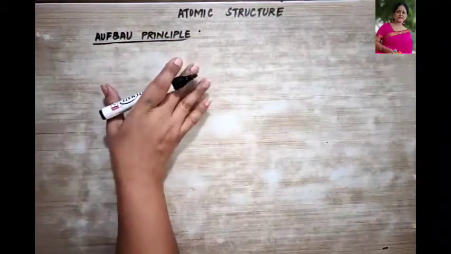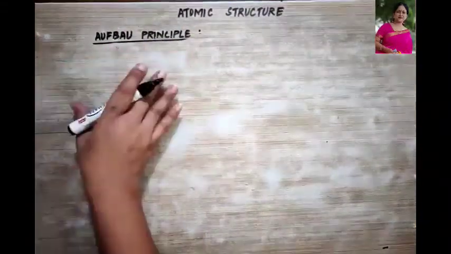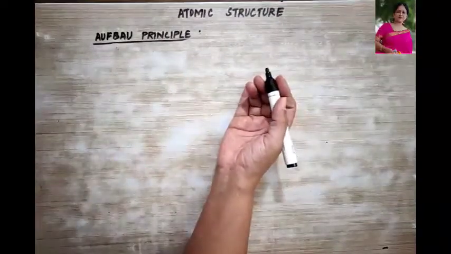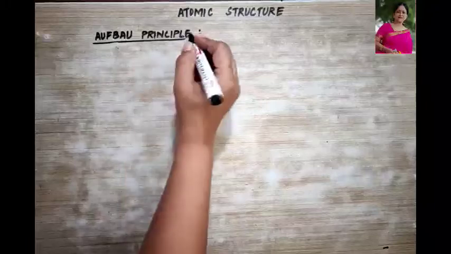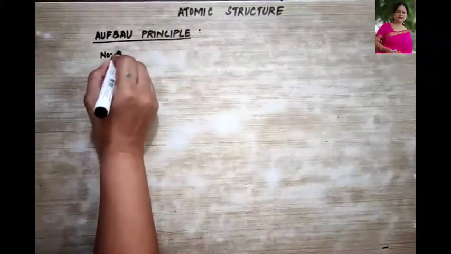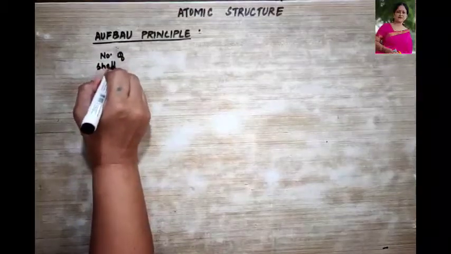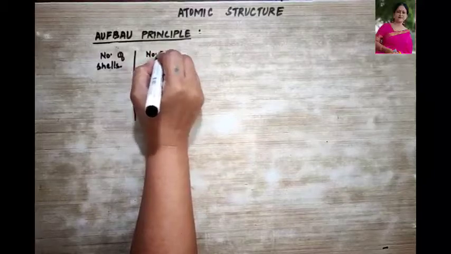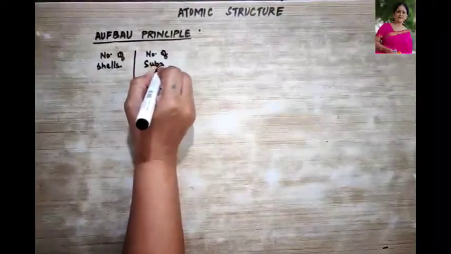Okay, now let us understand that in each shell, how many subshells are there and what type of subshells are found there. This is also very important to be understood. So I'm writing over here number of shells. Then each shell has how many subshells.